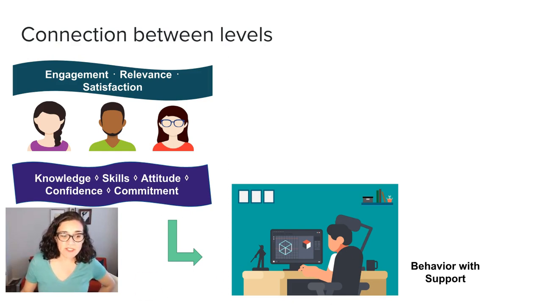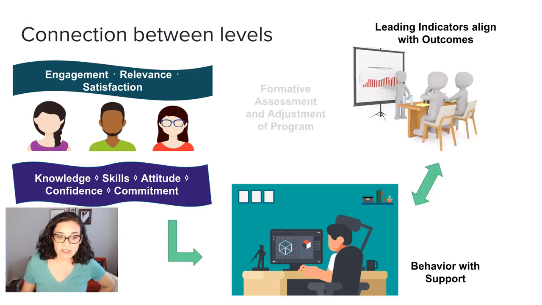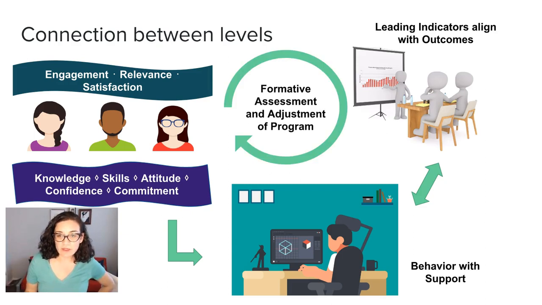Once those behaviors start happening and sufficient time has passed, then we start looking at the results. And when you are looking at the results, you start looking at the indicators to measure how effective these behaviors right here are.